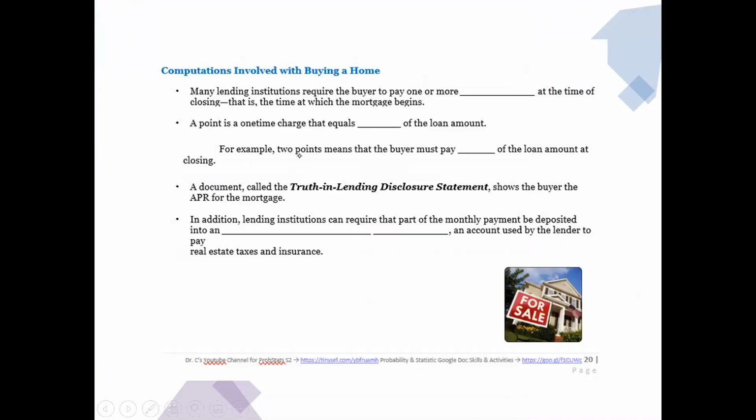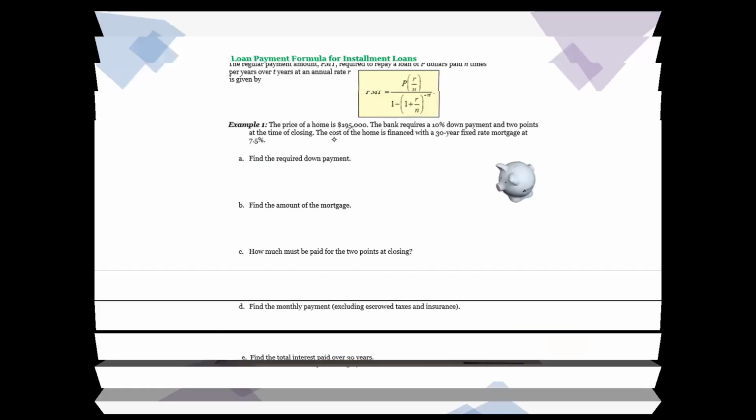Okay, computation involving buying a home. Many lending institutions require the buyer to pay one or more points at the time of closing. Actually, I don't think we need this one, so I'm going to skip it. Sorry.